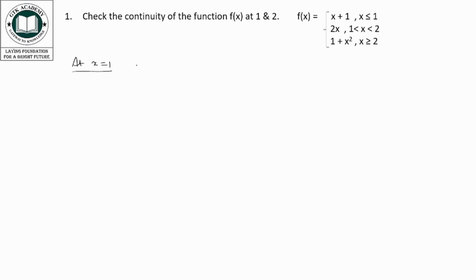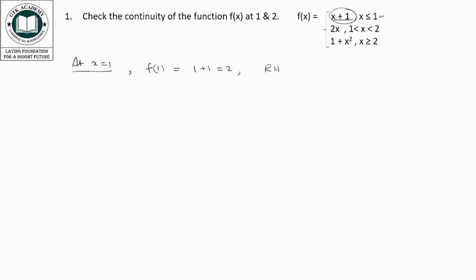Now, f(1): for x less than or equal to 1, the function is defined as x plus 1. So 1 plus 1 is equal to 2.